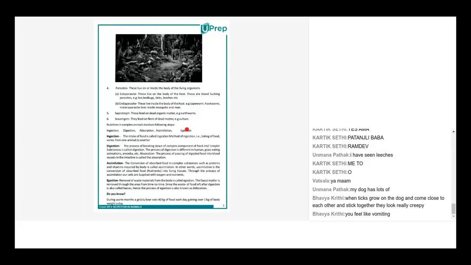Suppose there is a dead animal, and after it gets decomposed totally, the worms still have it, right? Yes, correct. So how is it organic?